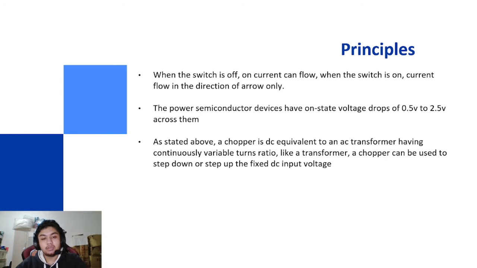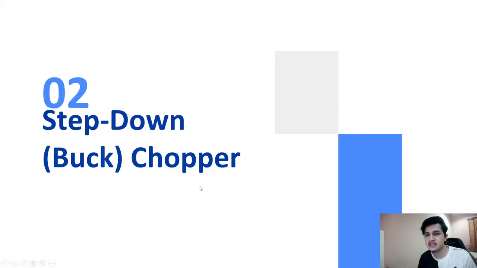As stated above, a chopper is the DC equivalent to an AC transformer having continuously variable turns ratio. Like a transformer, a chopper can be used to step down or step up the fixed DC input voltage. So this is a step down or buck chopper.